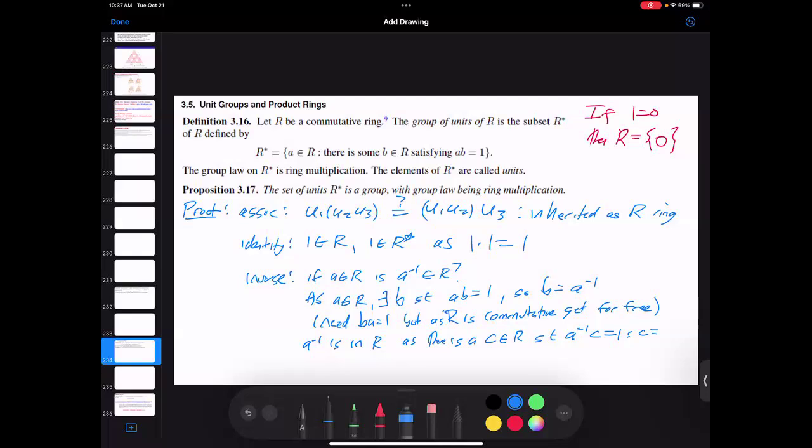What should I multiply A inverse by to get 1? A. Right? So if we just take C to be A, then we do, in fact, find that it is contained. So we have associativity, we have identity, we have inverse. The only thing left is closure.